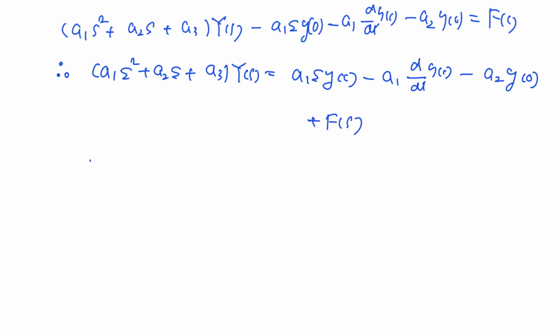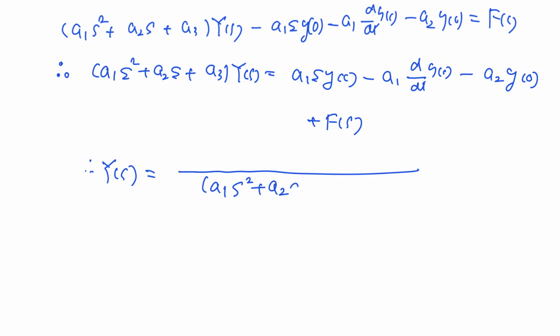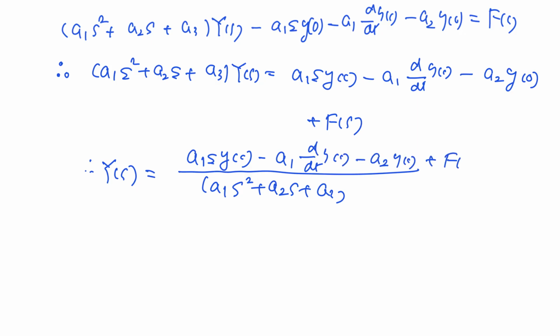So therefore y of s is something like 1 over (a1 s squared plus a2 s plus a3) times (a1 s y of 0 plus a1 dt dy of 0 plus a2 y of 0 plus f of s).